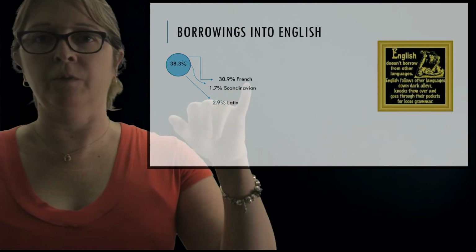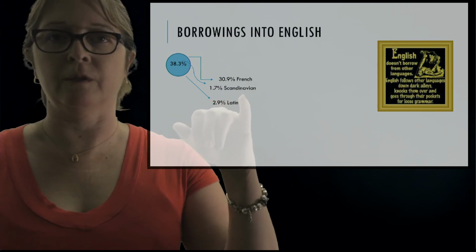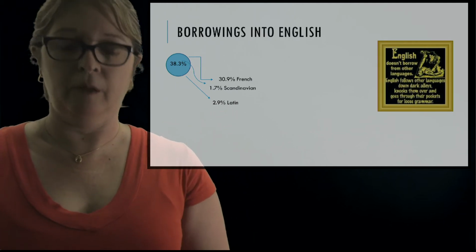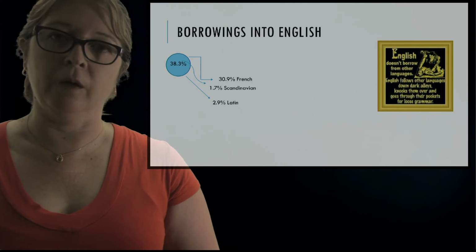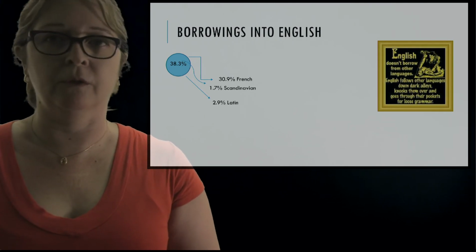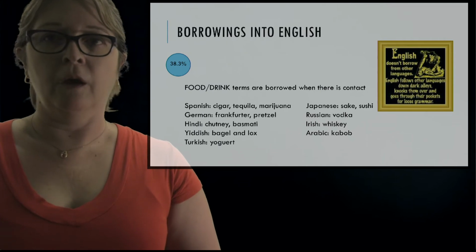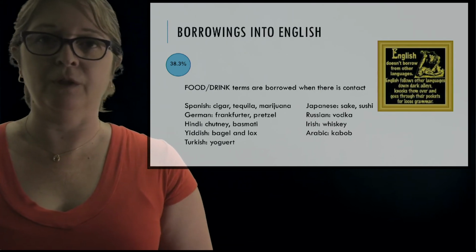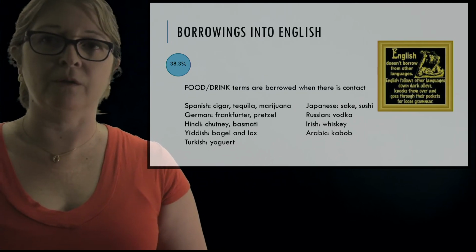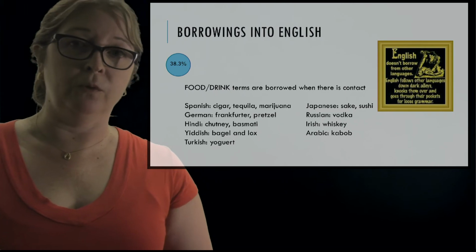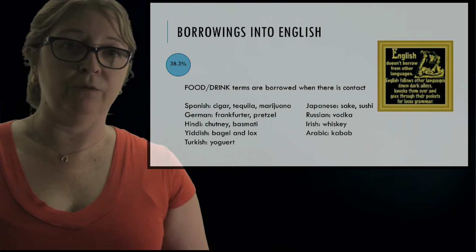You have 31% French, almost 2% Scandinavian, almost 3% Latin. And then there are a few others that make it to 38.3%. One that I really found interesting was the food and drink terms, and also anything else that's ingested. So you take what you want from that.